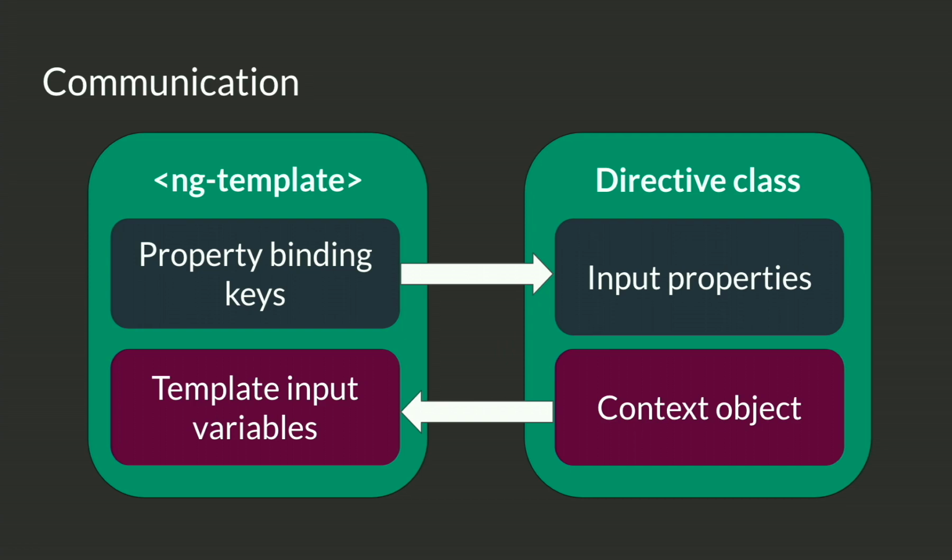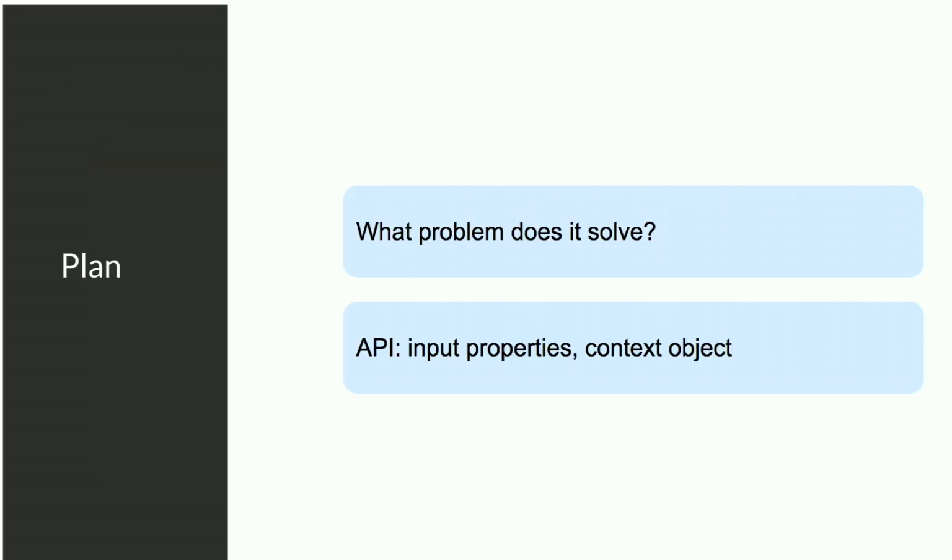The ng-template will need to pass in the values, the data that the directive class needs. And on the other hand, the directive class will have to communicate the context, the state or methods that the directive exposes, back to the ng-template, so it can use them with template input variables.